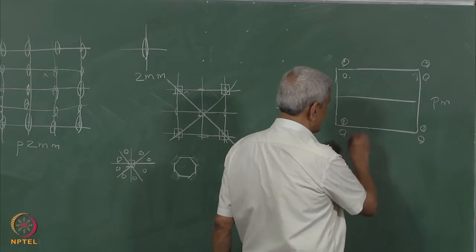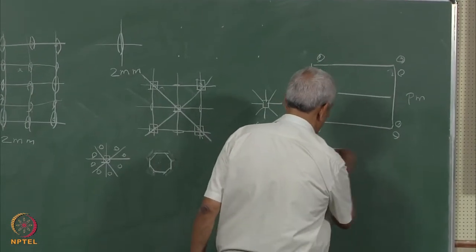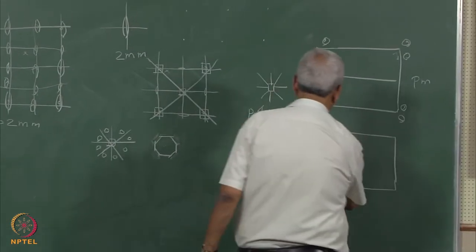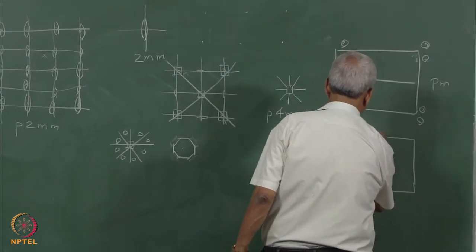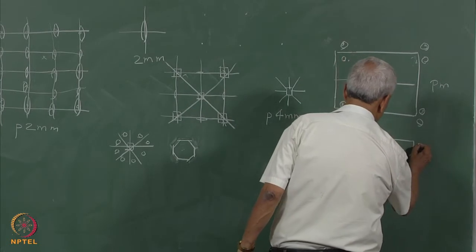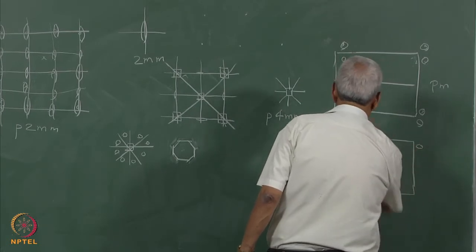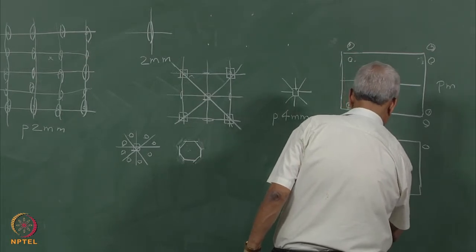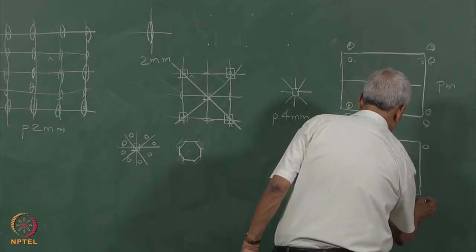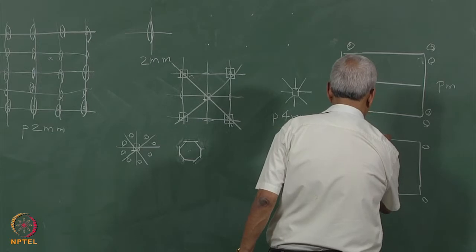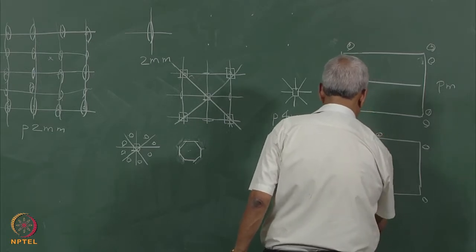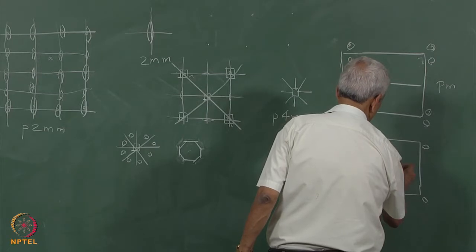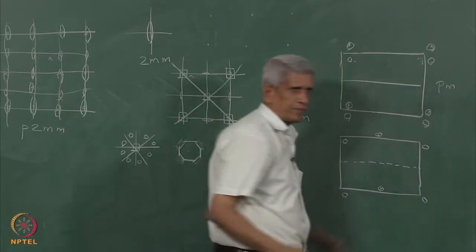If the same structure, this dashed line if you use is to represent the glide plane.